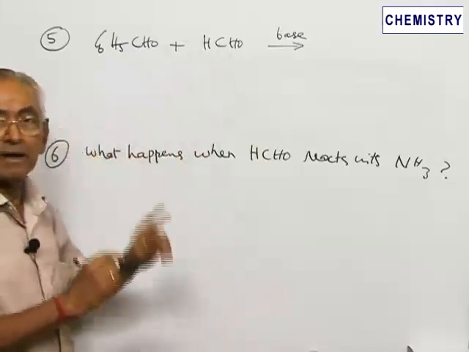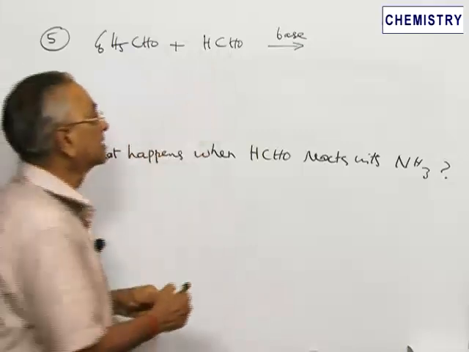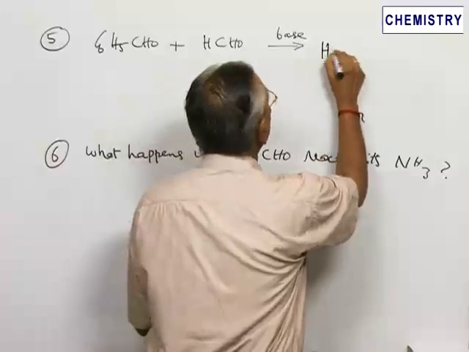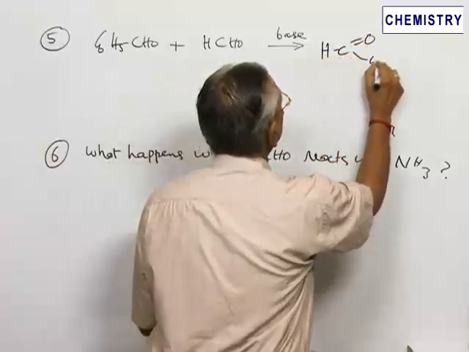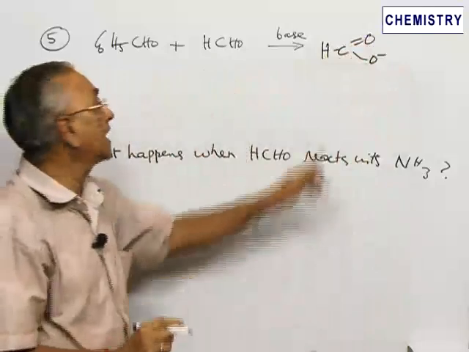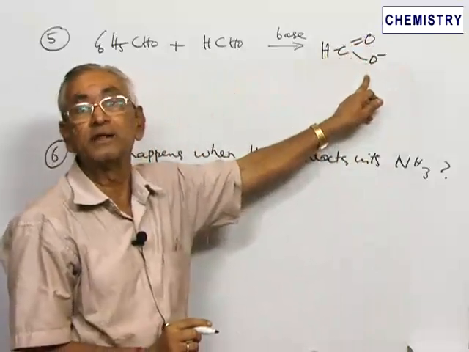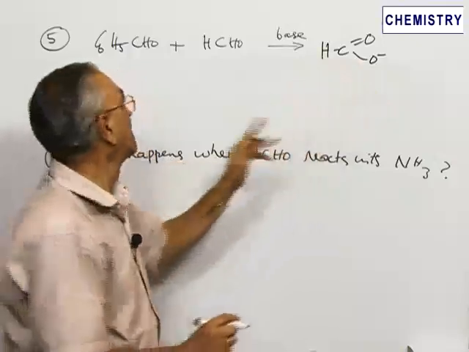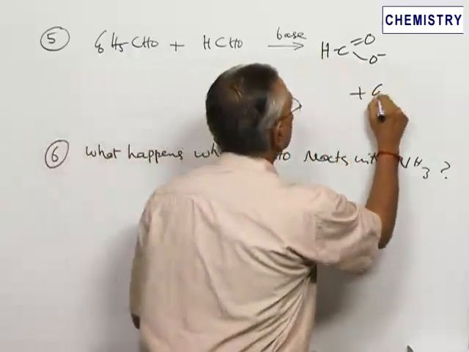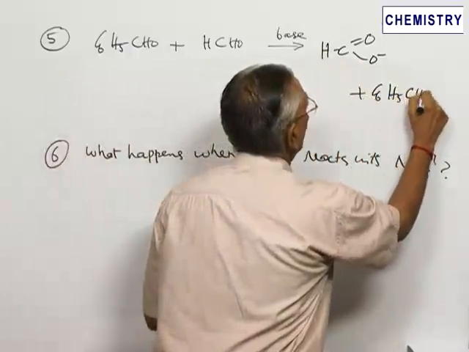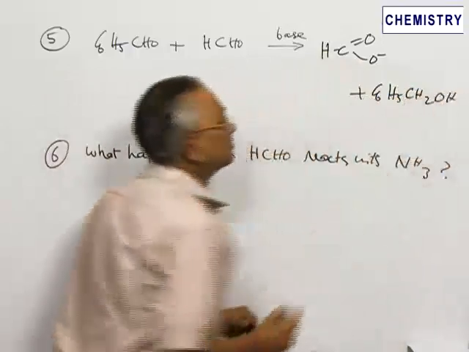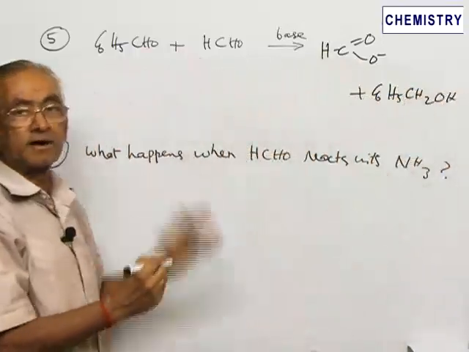Therefore, whenever formaldehyde is involved in a Cannizzaro reaction, it is always the formaldehyde that undergoes oxidation. Normally in the Cannizzaro reaction, the acid is not obtained, the acid anion, the formate ion, is obtained, and benzyl alcohol is formed by reduction. So this is a mixed Cannizzaro reaction.